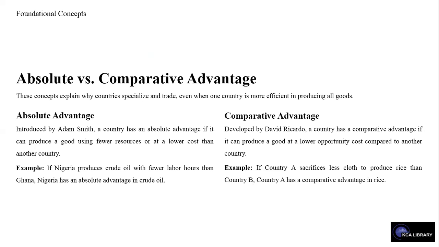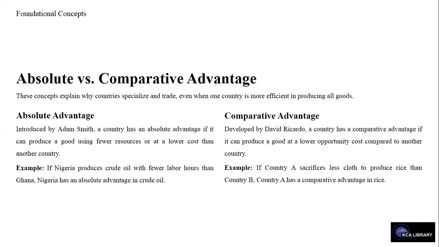And for comparative advantage, it was developed by David Ricardo, and it shows that a country has a comparative advantage if it can produce a good at a lower opportunity cost. And just like we said, opportunity cost is the alternative that was forgone.